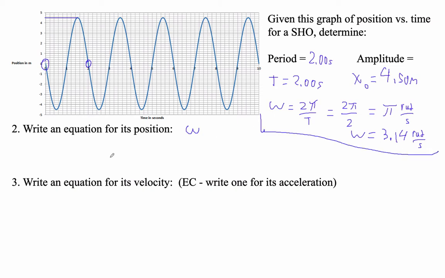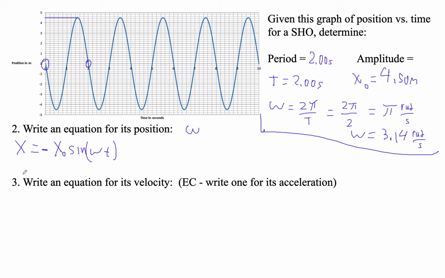All right. So write an equation for its position. Well, take a look at this. This one's non-standard, right? Doesn't this look like negative sine? So I think x could be x naught sine omega t. I have a hard time with omegas, right? But this one goes down, it doesn't go up, right? So isn't it just negative sine?